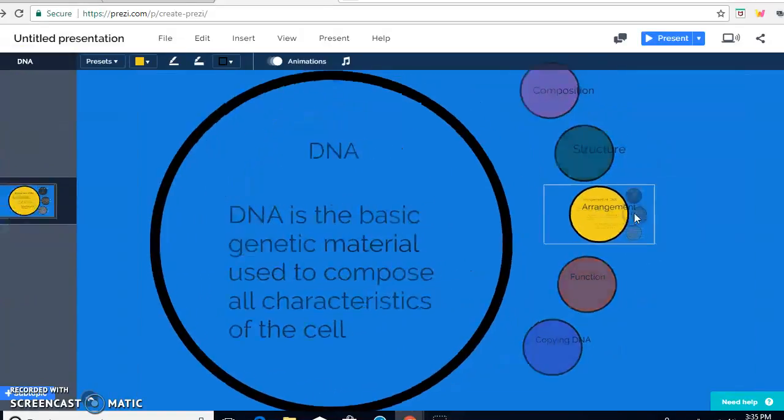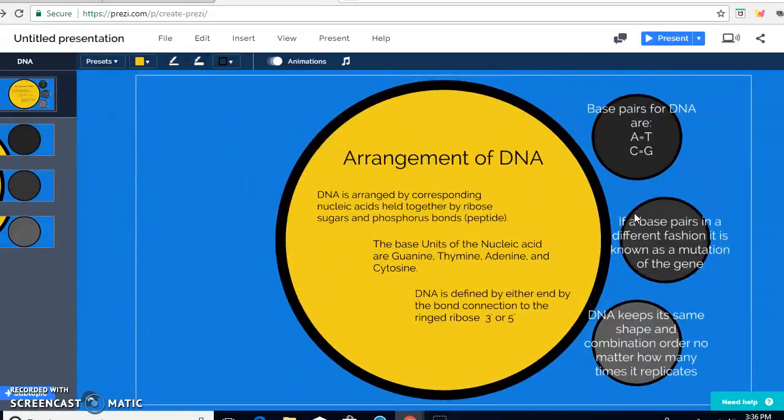So we want to know how it is arranged. Now that we know a little bit about the structure, the arrangement of DNA is arranged by corresponding nucleic acids held together by ribose sugar and phosphate peptide bonds. Now we know about that arrangement that when I say corresponding, that we know that A always bonds with T, and C and G always bond together.